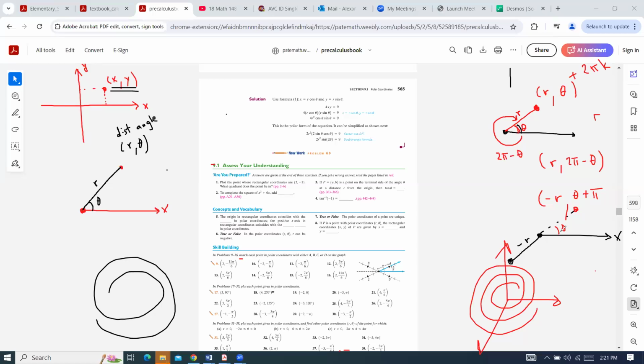Here's your theta. If you add pi to it, our angle is 180 degrees bigger, so I actually have to land here, right? But since my r is negative, I'm not going to be here. I'm going to be on the opposite side of the pole. And that'd be exactly the same point we described.